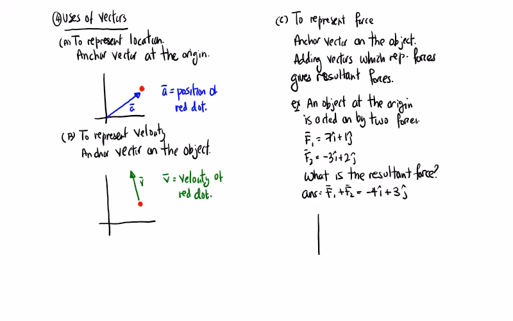Visually, that's a really crappy axis. We have these two forces. Let's make them red. F1 is 7 units over, 1 unit up. Remember the object is right here at the origin. Think of an object there. F2 is negative 3 and 2. So right here.